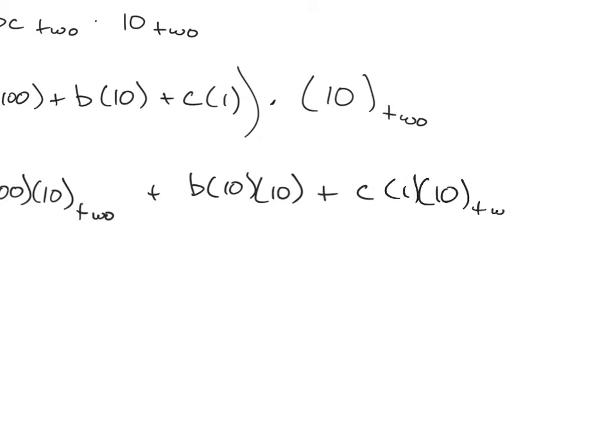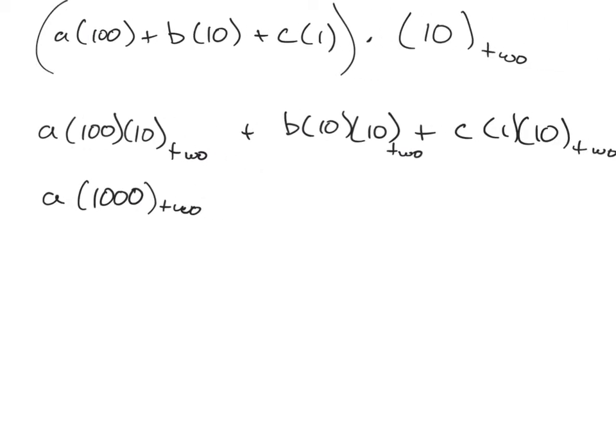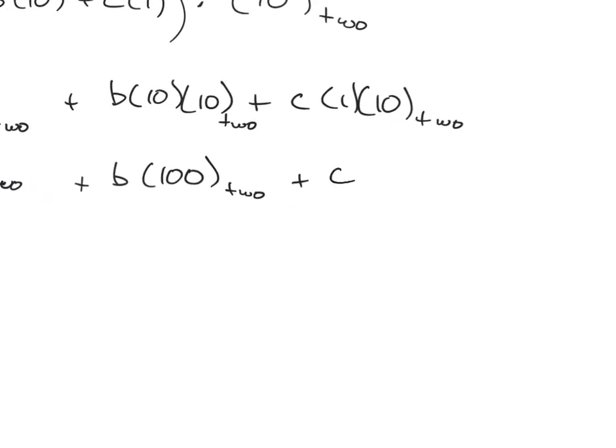I forgot to write base 2. Given that, we've got A times 1000, because 100 times 10 in base 2, plus B times 100 in base 2 after I multiply, and then plus C times 10 in base 2.